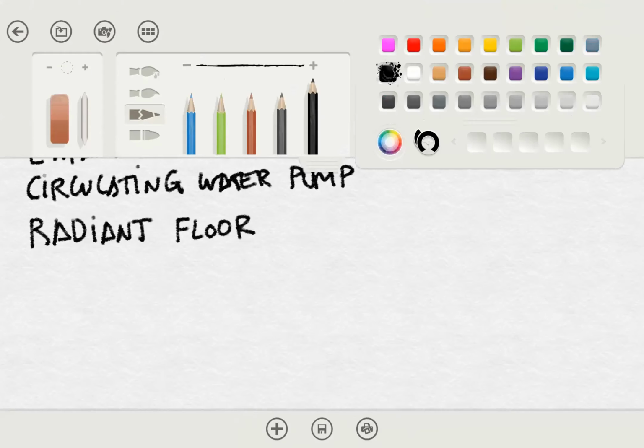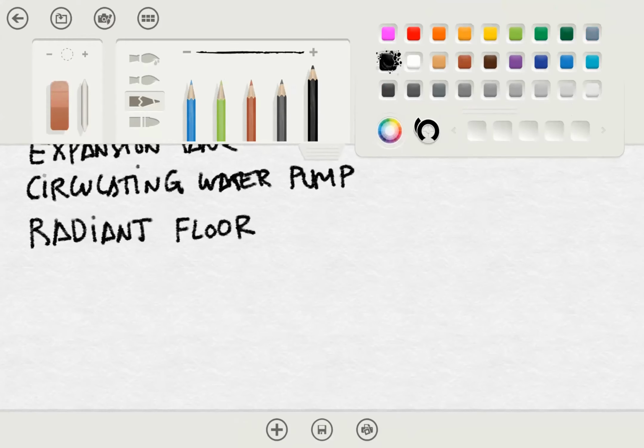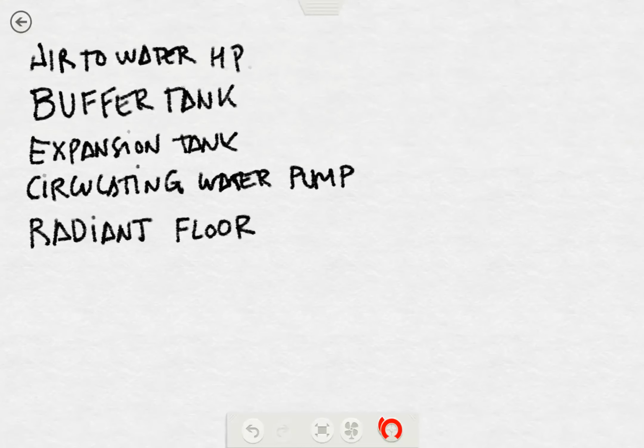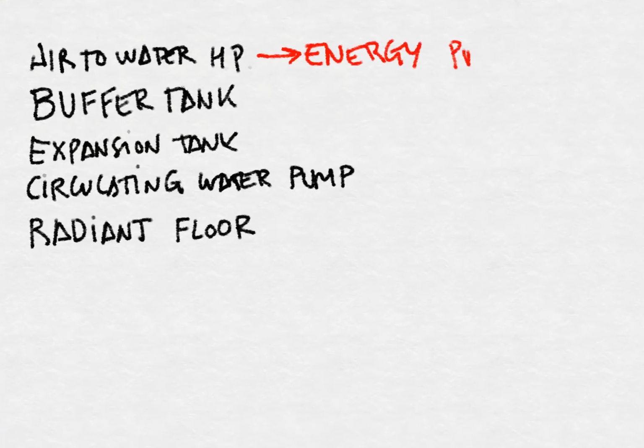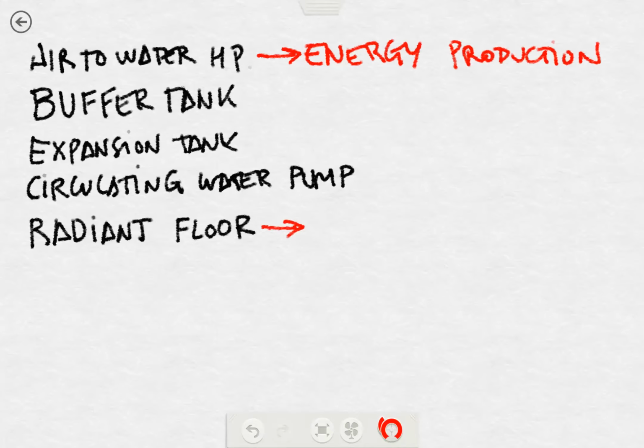Okay, so we have all these elements. And now we have to classify these elements in terms of what they do. So the air-to-water heat pump is the energy production. Okay. The radiant floor is the, what do you call it?